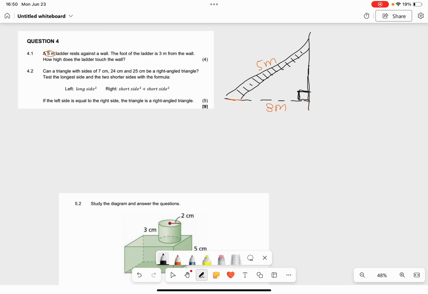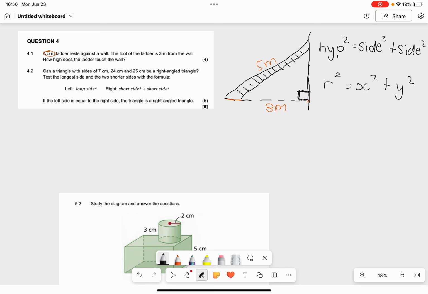We're going to use Pythagoras, which says that the hypotenuse squared, which I want us to refer to as r, is equal to the sum of the squares of the other two sides. So r squared, and the other two sides we call x and y, is equal to x squared plus y squared.